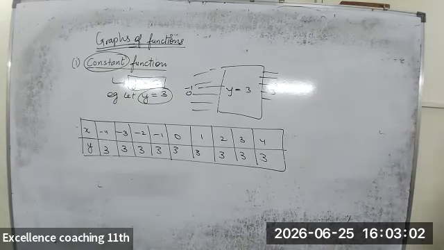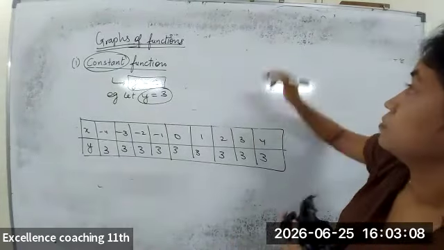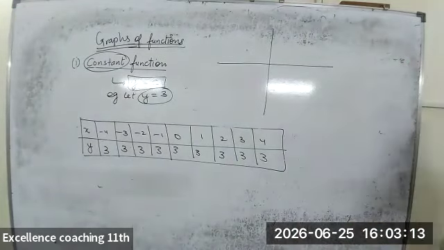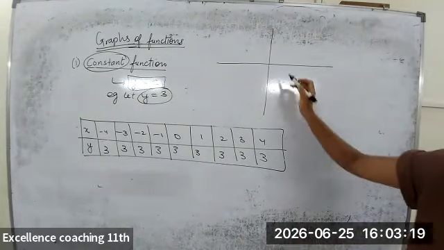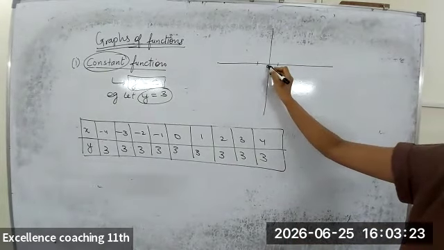Now let us plot the graph. No graph papers and all will be given, normal on your answer sheet only. Mark all the points. This will be 0.